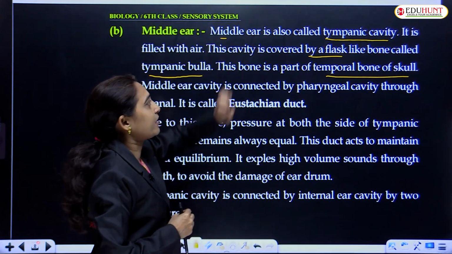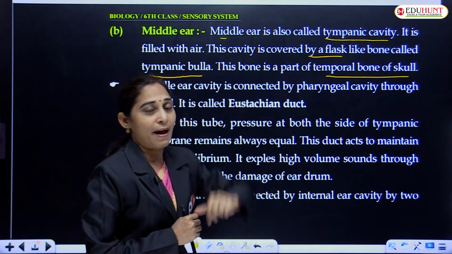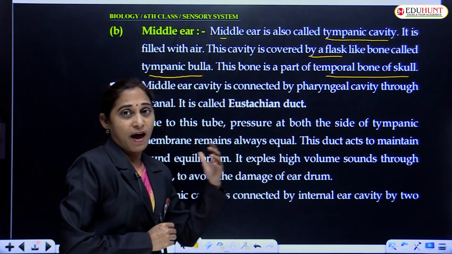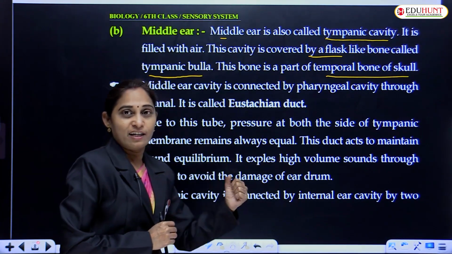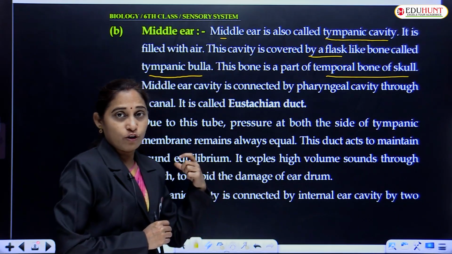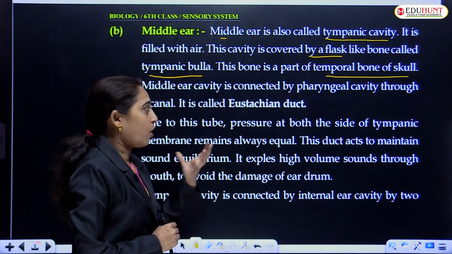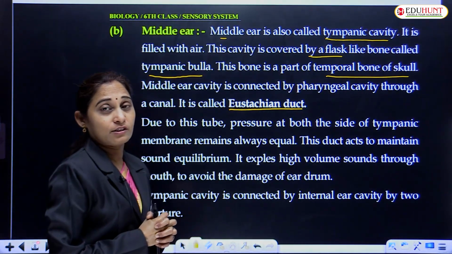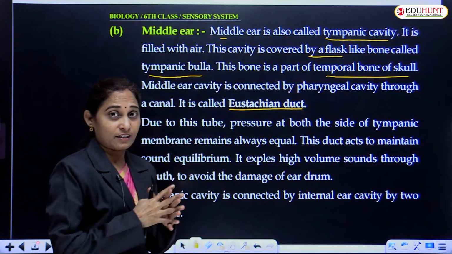This is the cavity we are calling the tympanic cavity, and this tympanic cavity is connected to the pharyngeal cavity through a channel or canal that is called the eustachian duct or eustachian tube. The eustachian duct is very, very important.